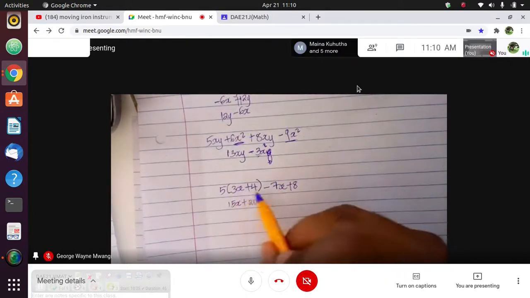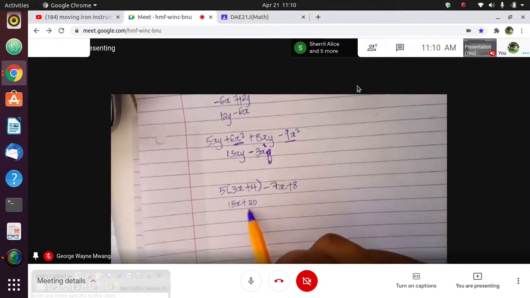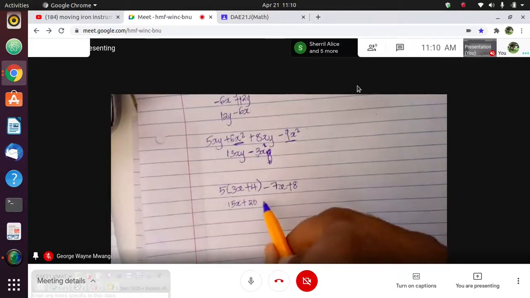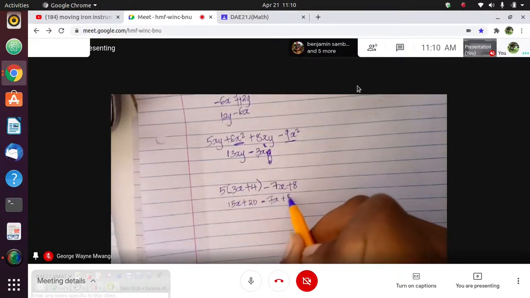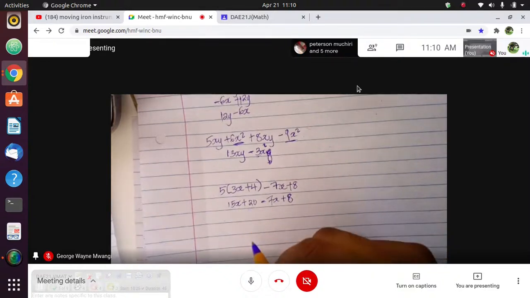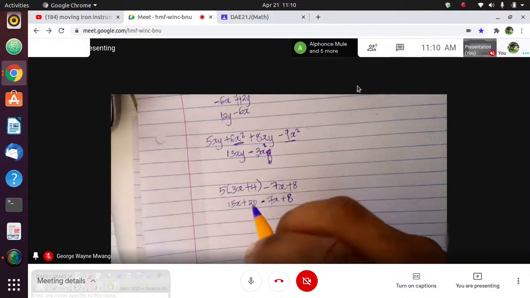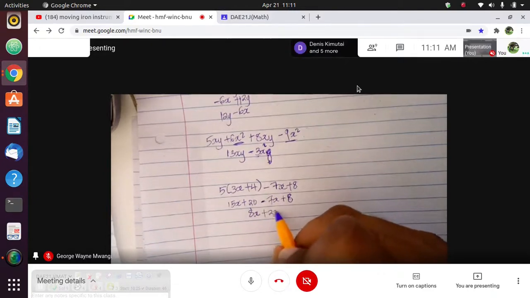You first have to deal with the brackets. So unafungua the bracket mwanzo, so unapata 15x plus 20. Haya, minus 7x plus 8. Now let us collect the like terms. We group the variables together. So 15x minus 7x unapata ngapi? 8x. Then 20 plus 8 unapata plus 28. Sawa sawa.